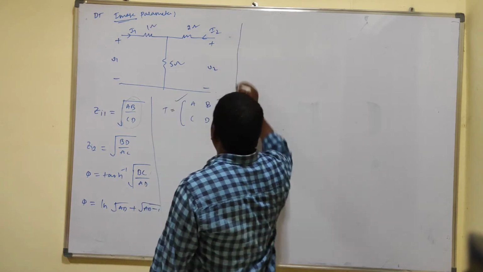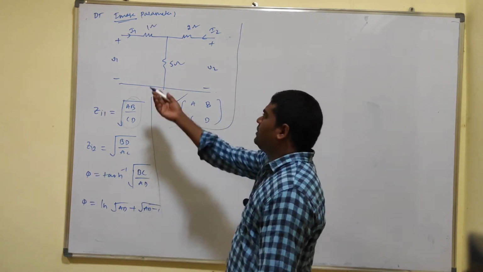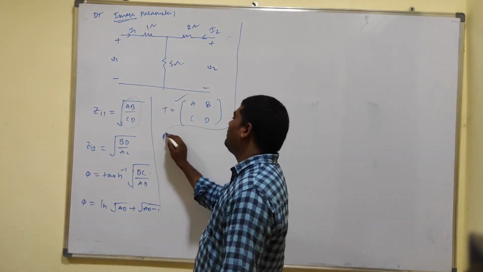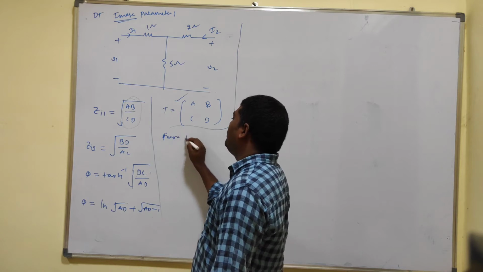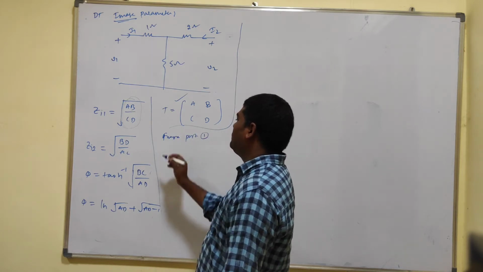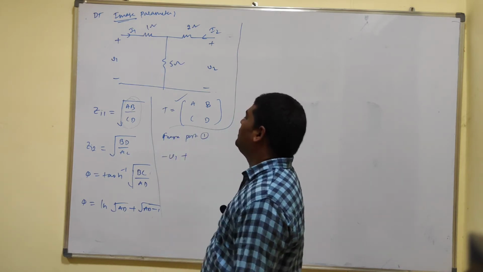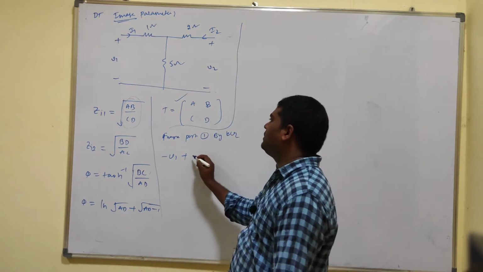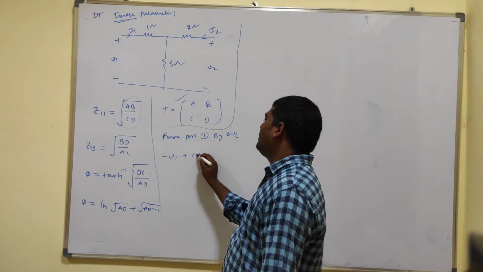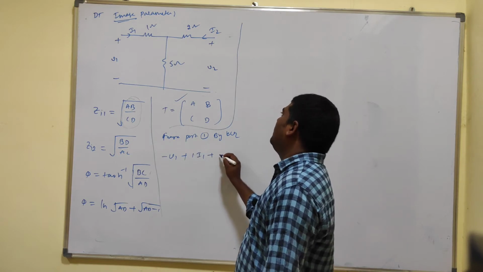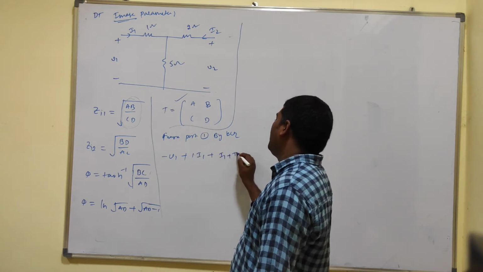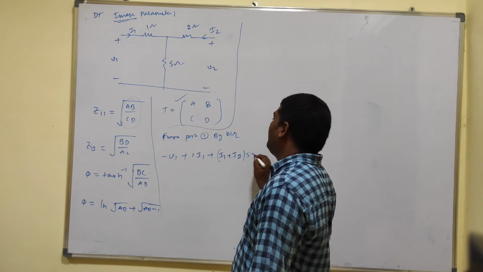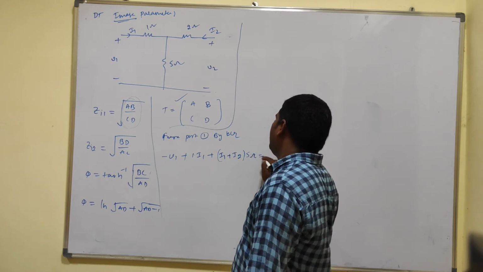So from this network, from port 1, by KVL: minus V1 plus 1 into I1 plus I1 plus I2 into 5 ohm equals 0.